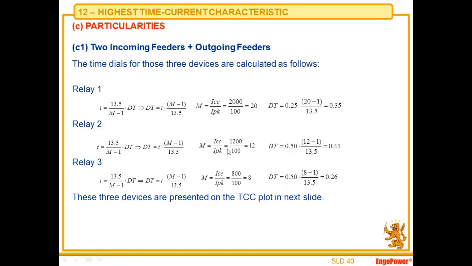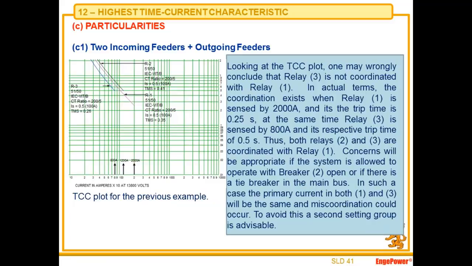I am showing you now the TCC plot for this coordination. This is here the curve of relay 1. This relay 2 is this one here, that's over the R1. And the relay 3 is under R1.